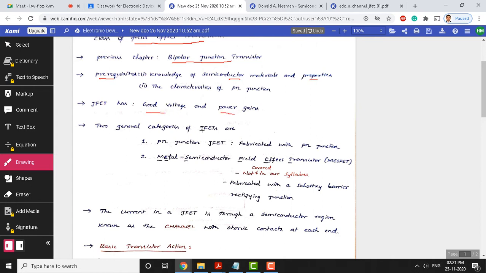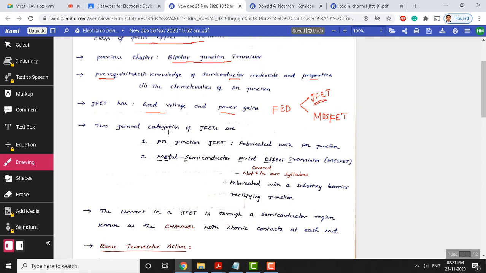There are two general categories of JFET. The JFET is one of the separate classes of the FET family. The FET has a variety of devices. The devices which come under FET are the JFET and the MOSFET. As per our syllabus, we need to study both devices, JFET and MOSFET. There are some drawbacks in the JFET that can be easily overcome in the MOSFET.